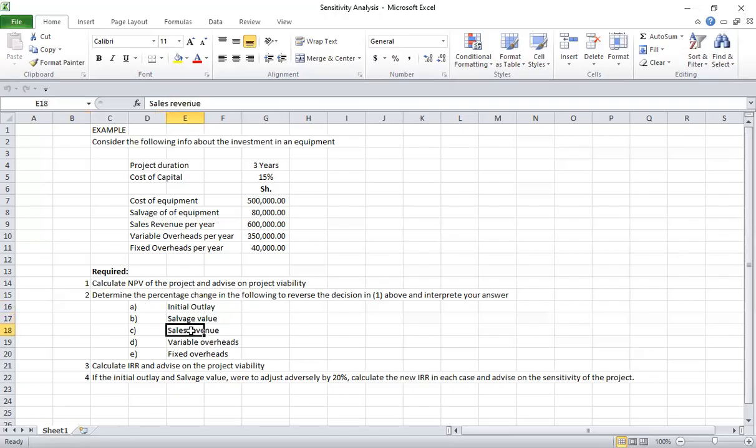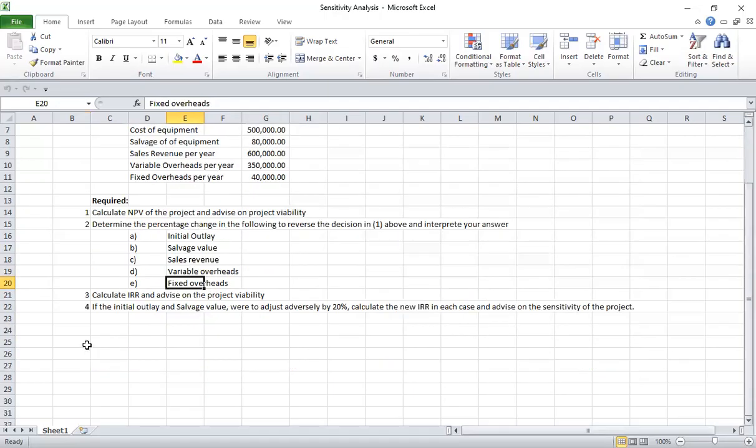Number 3, the sales revenue. 4, we have variable overheads. And then number 5, we have the fixed overheads. So we can continue with that solution, and see that we now have number 2.